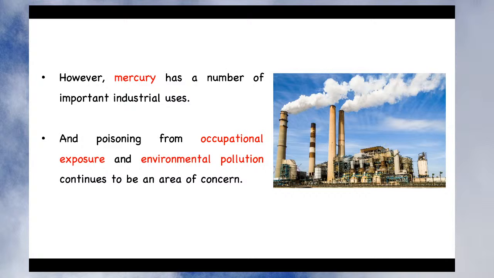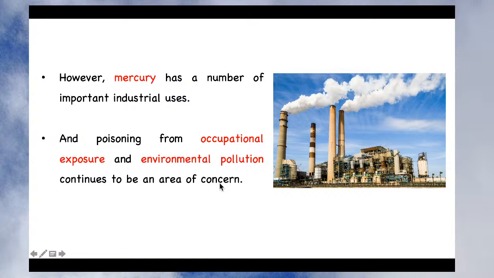Sometimes the exhaust coming from the industry is released into the environment, which may lead to environmental pollution, right? And a person who stays at a place nearby such an industry may get exposed daily to the source of mercury. So the poisoning is generally from occupational exposure and environmental pollution.